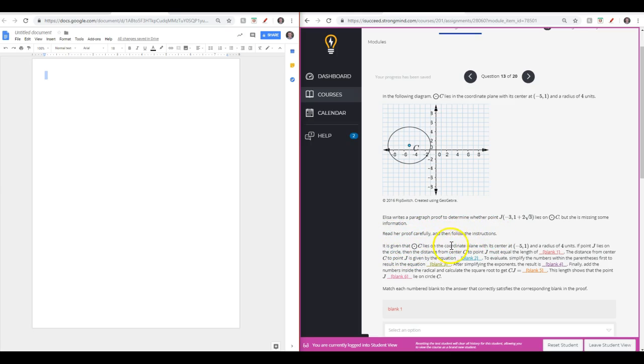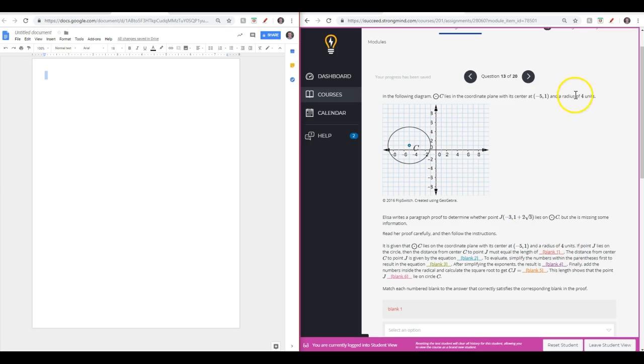It is given that circle C lies on the coordinate plane with its center at -5, 1 and the radius of 4 units. If point J lies on the circle, then the distance from the center C to the point J must equal the length of blank 1.